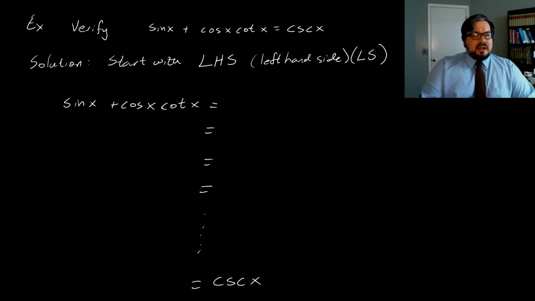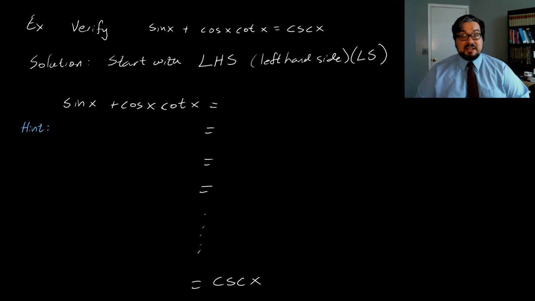So, the first thing that I notice is that I have three different trigonometric functions in my expression. I've got sine, I've got cosine, I've got cotangent. This is usually not very useful. Usually you want to be working with expressions that have exactly two trigonometric functions. Second of all, we don't want to pick just any two because of the Pythagorean identities we worked with.